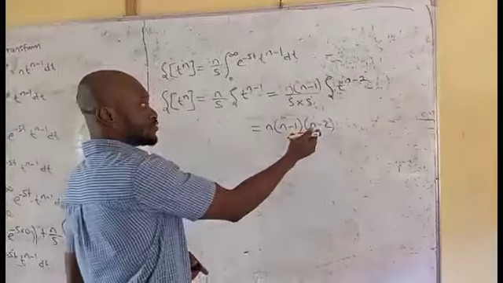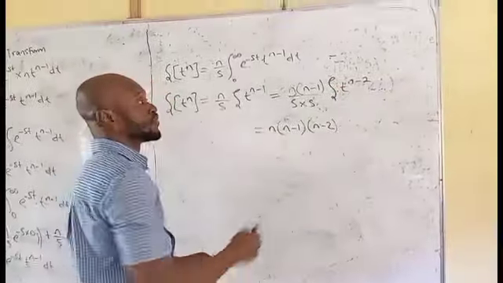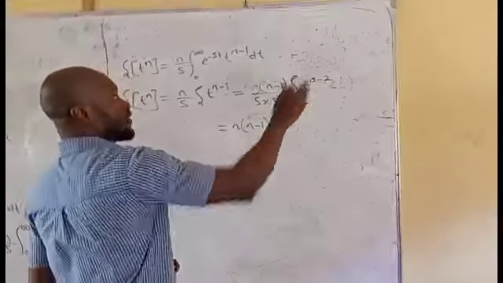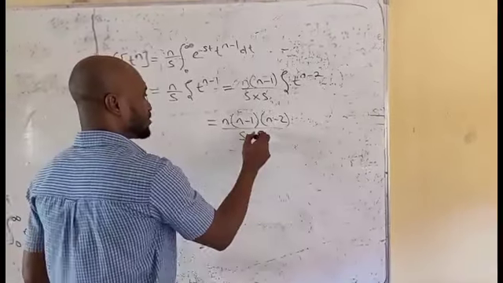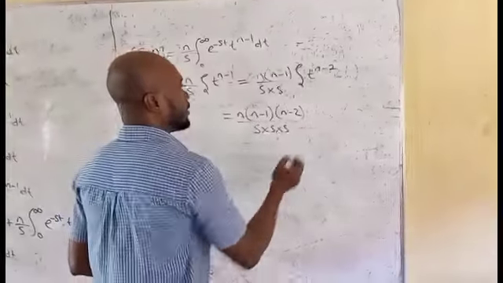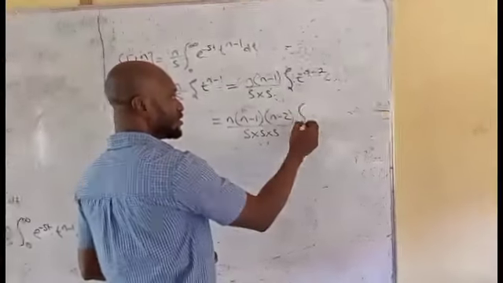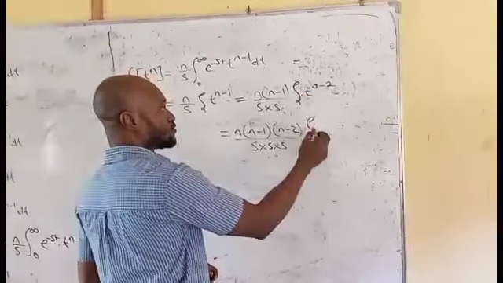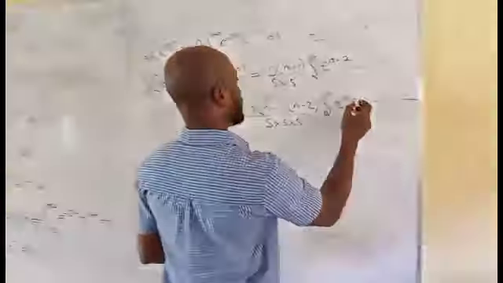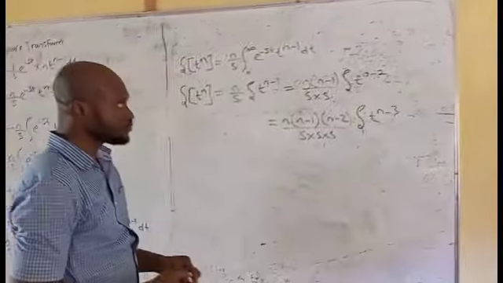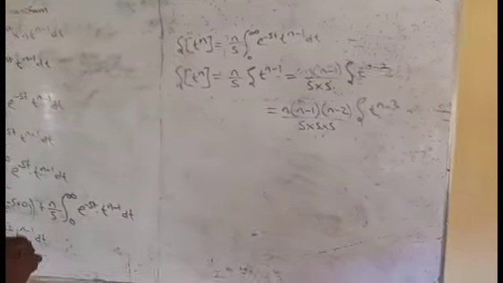You stop at n minus 2 because you are looking for the Laplace transform of t raised to the power of n minus 2. Then you have over s times s times s, then it will now be the Laplace transform of t raised to the power of n minus 3.